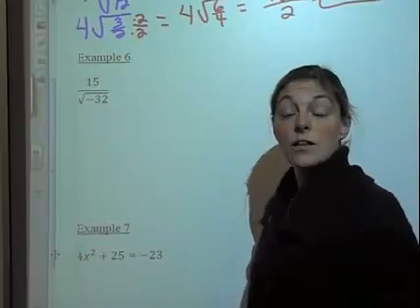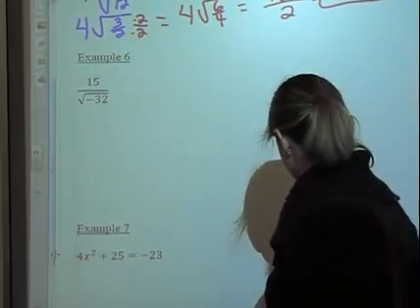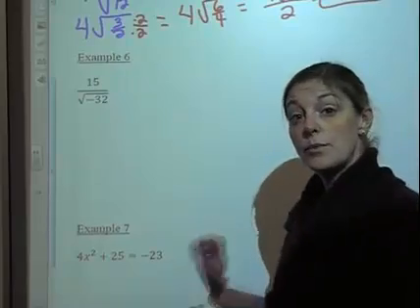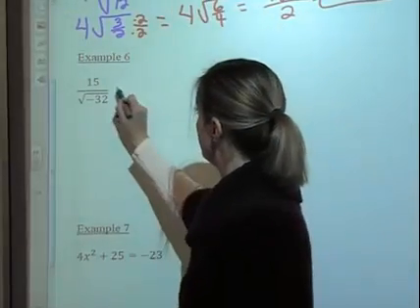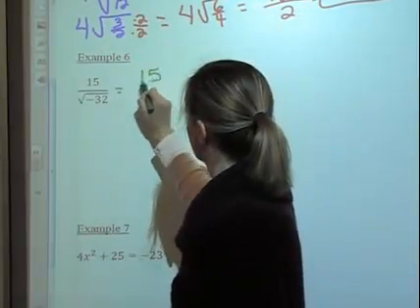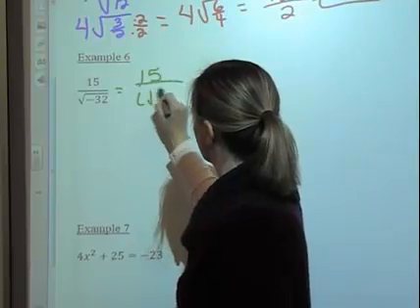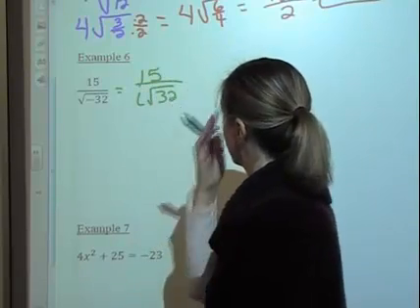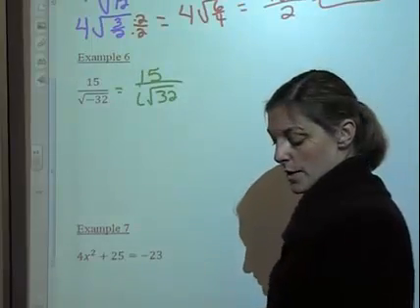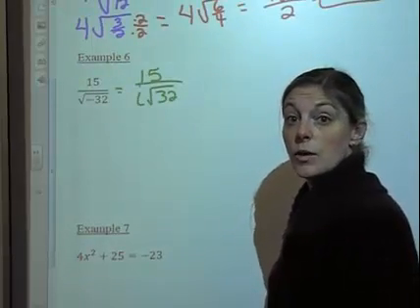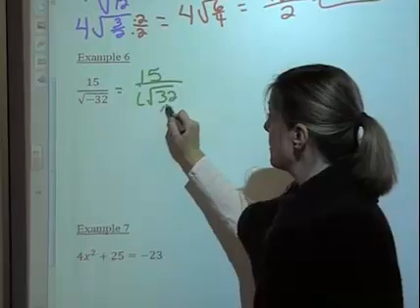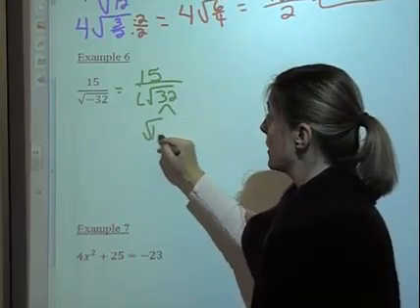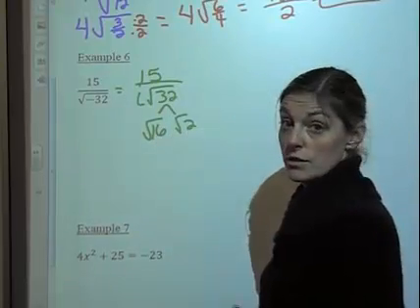So now let's take a look at example number 6. Again, we want to pull out the i's first. So we have 15 over i square root of 32, and the square root of 32 can break down into the square root of 16 times the square root of 2.